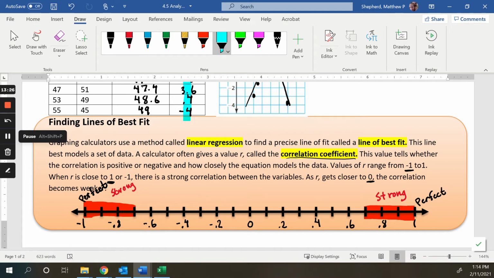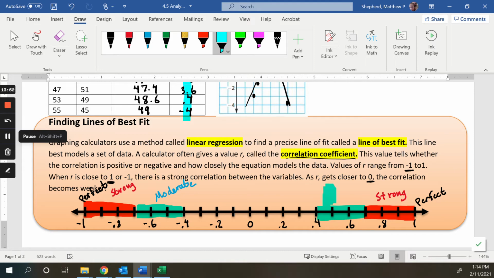Next, from about a 0.4 to a 0.6, so somewhere in that range, we are going to call this moderate. All right, and same up there.